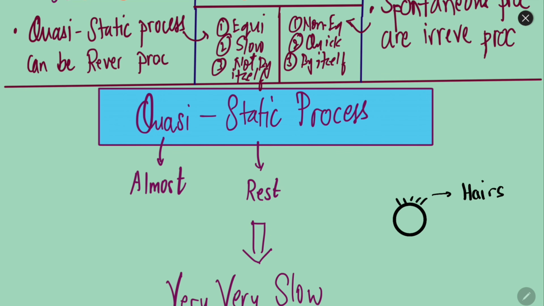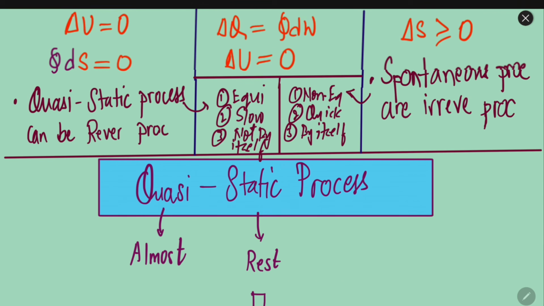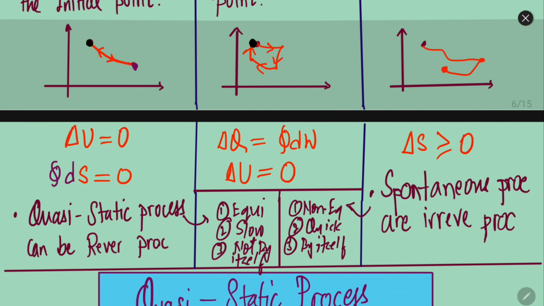But after, let's say, 10 days, 15 days, 20 days, or 1 month, you observe that the length of your hair has increased. So the growth is so slow that in real time you do not observe it. In real time it does not seem that the length is increasing. So a process which is very slow is called a quasi-static process, and in real time we do not think that something is happening.